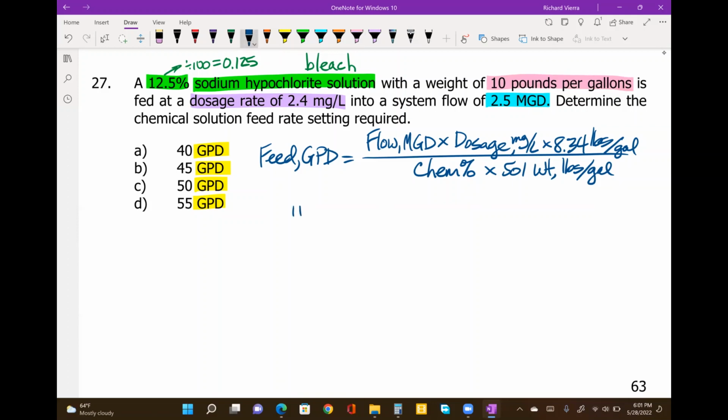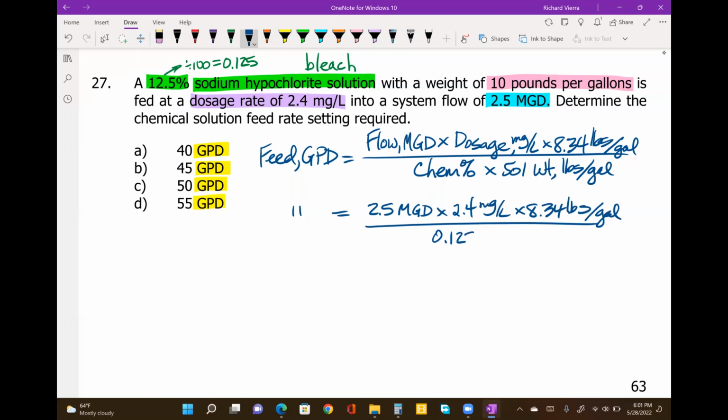All right, so we'll go ahead and set it up as 2.5 million gallons per day times the 2.4 milligrams per liter dosage times 8.34 pounds per gallon on the top, and then the two quantities that multiply together on the bottom, 0.125, 12.5% in decimal form, times 10 pounds per gallon for the total weight of our solution.